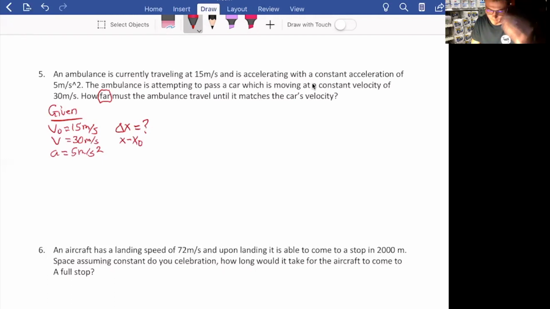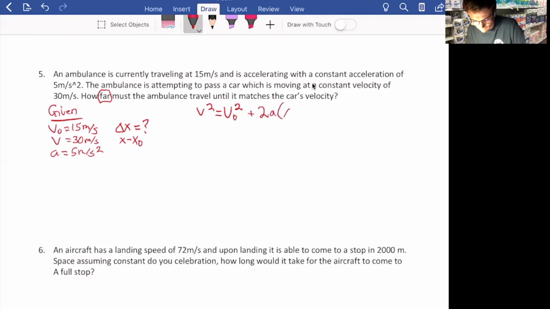He briefly mentioned that in class, and it gives us this equation right here, so that we don't have to use time. There's no time variable in that, and we have all those variables right there.